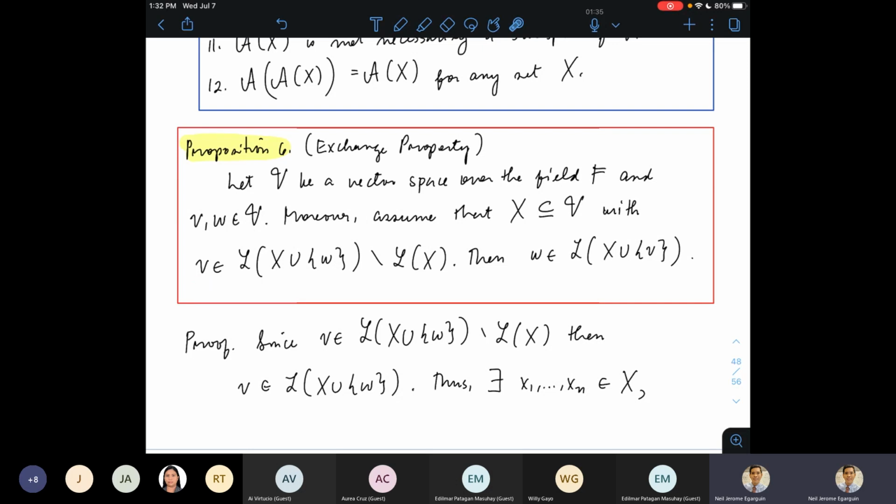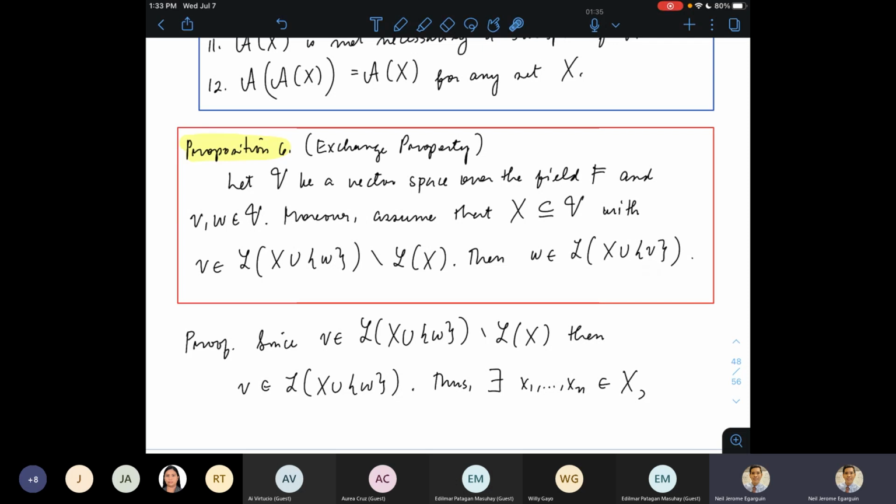And if that is true, then W, on the other hand, can be generated with the set X together with the set containing V. So it's like they are returning the favor. It's like an exchange gift between them. So the vector V cannot be generated by set X alone. It needs a W. And a consequence of that, W must be a linear combination of elements of X and V as well.